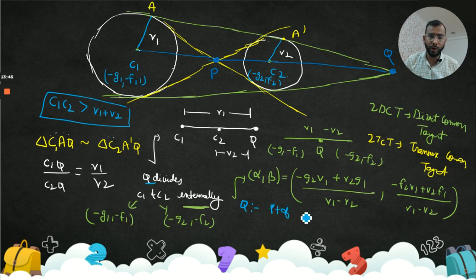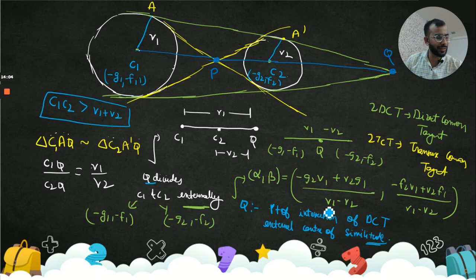Point of intersection of DCT is Q and is called external center of similitude. Some students can find it in their books, material here and there. So for this, external center of similitude. No one will say, oh, find out the external center of similitude. But okay, you should know. So Q is external, P is internal.